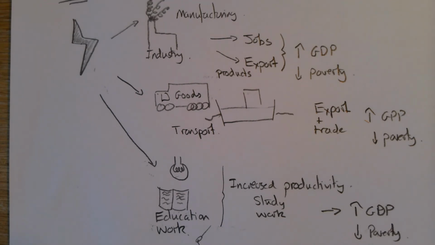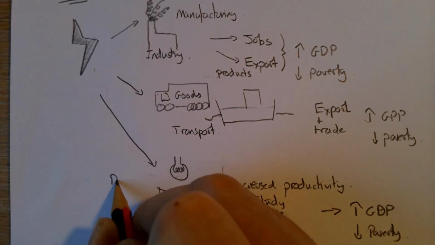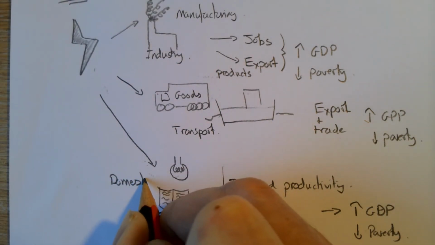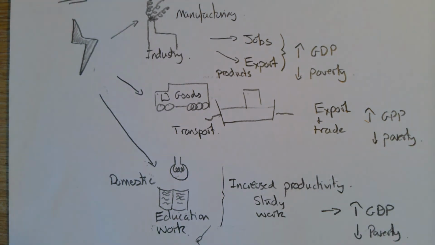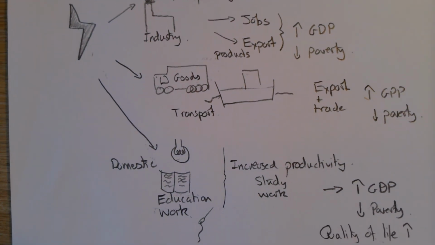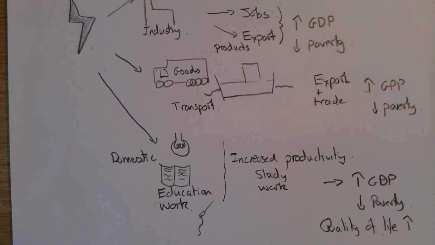What kind of activities does having energy in the home or in the domestic sector, what kind of activities does this now permit? Good, so it allows people to study and work later on into the evening. Why is that important for a country? Good. It increases the productivity, and that increases the gross domestic product.